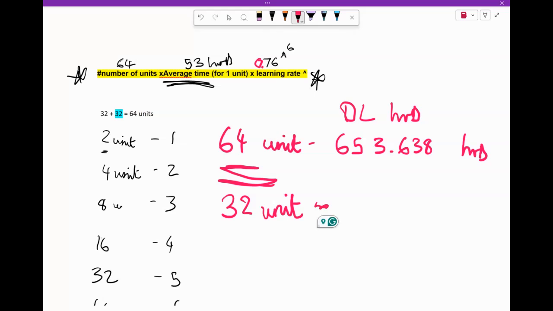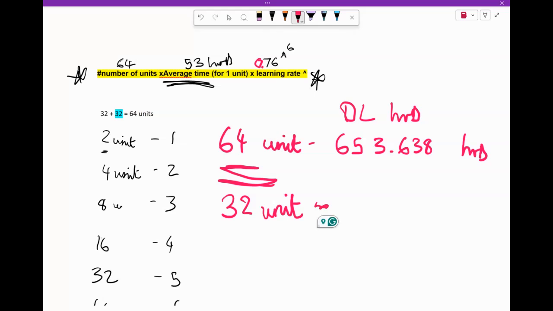Because we know that the second 32, we will be even more efficient. So it'll take us a shorter period of time. So the only way to find this out is if we deduct these two times that it takes us. In other words, get the difference for the second 32. Does that make sense?